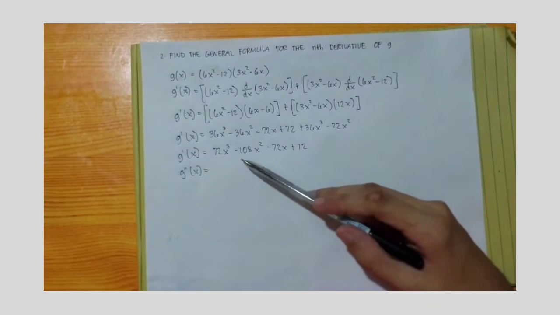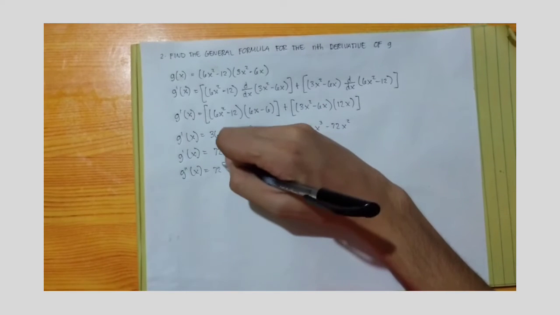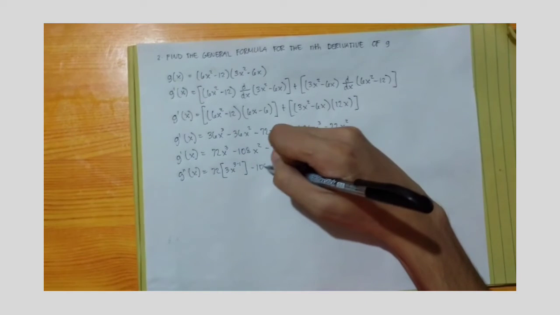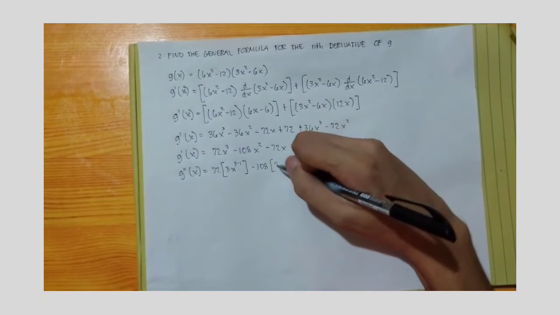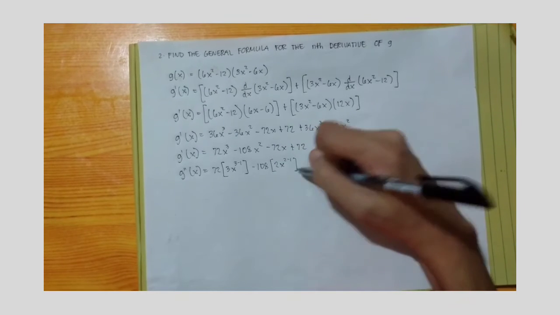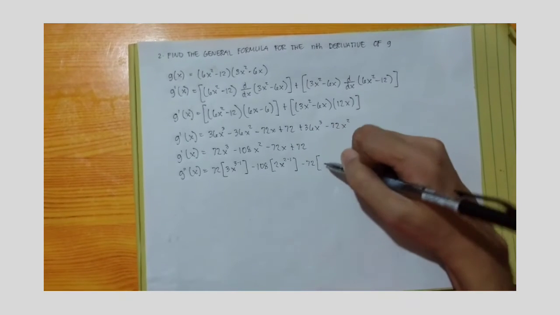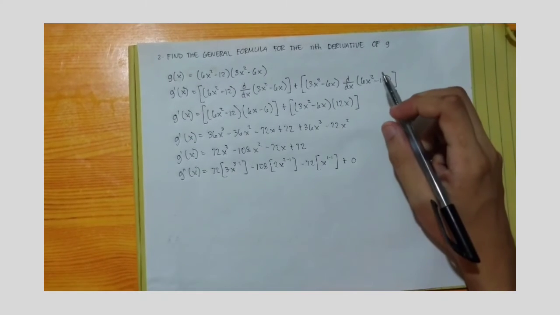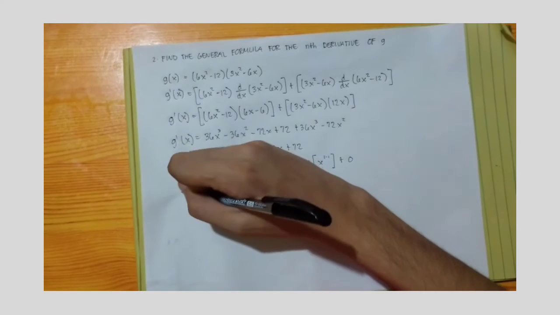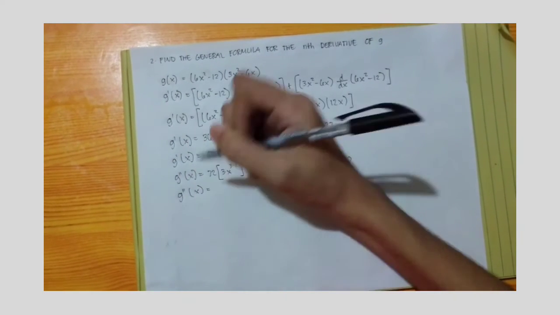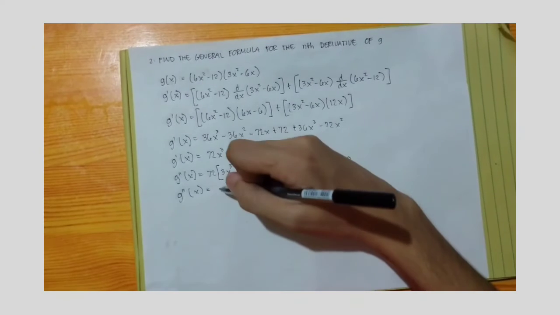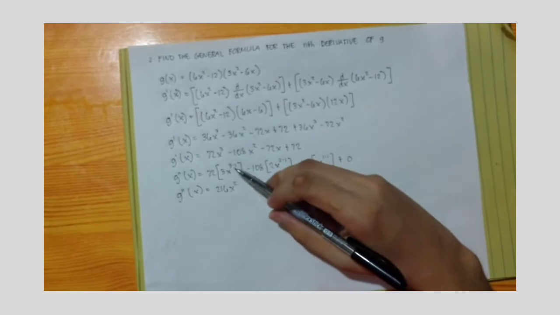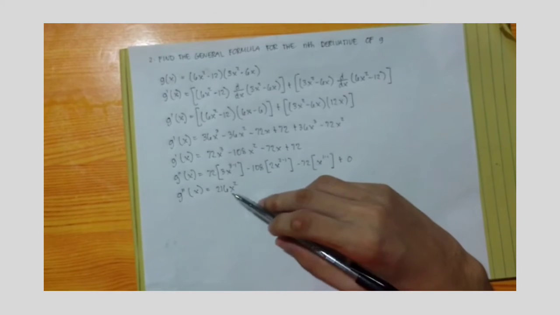By applying theorem number 6, we will have 72 times the quantity of 3x raised to the power of 3 minus 1, minus 108 times the quantity of 2x raised to the power of 2 minus 1, minus 72 times the quantity of x raised to the power of 1 minus 1, plus 0. Then we simplify this function. 72 times 3 is equal to 216, then x squared, because 3 minus 1 is equal to 2, so we have 216x squared.